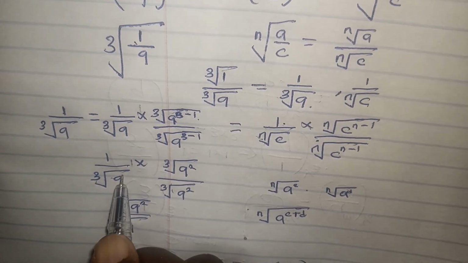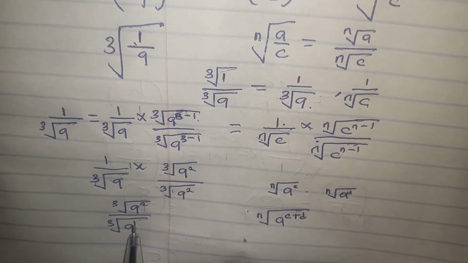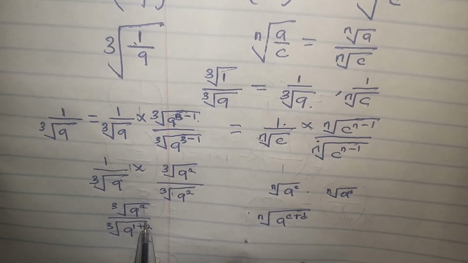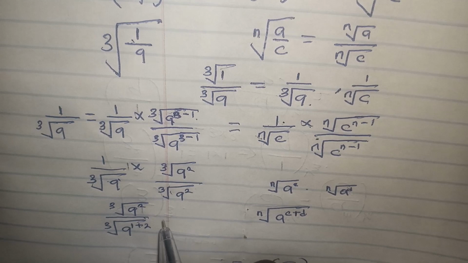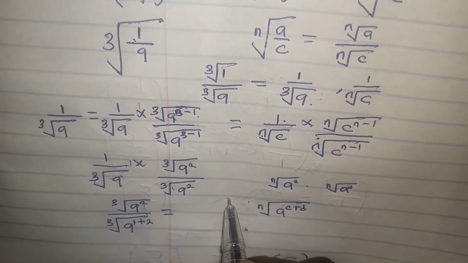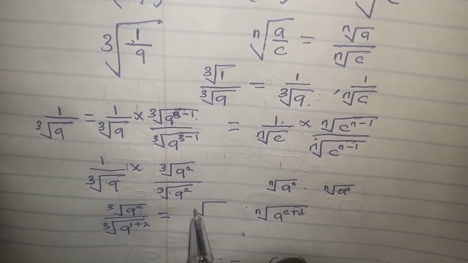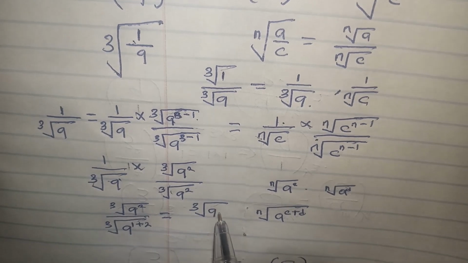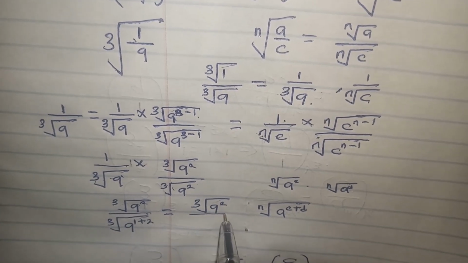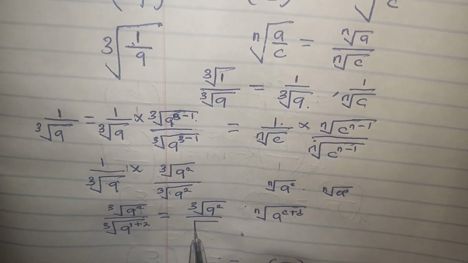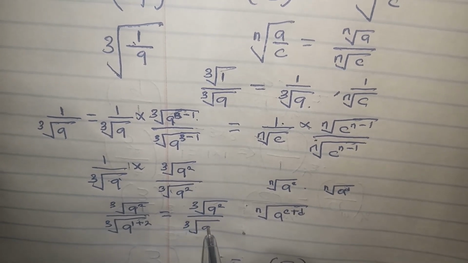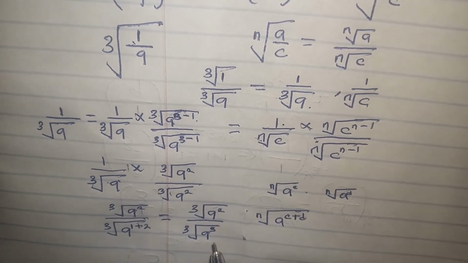This one is having 1, this one is having 2. So 1 plus 2, which is also equals to the cube root of 9 to the power of 2 over, so 1 plus 2 is going to give us 3, right? So we're having the cube root of 9 to the power of 3.